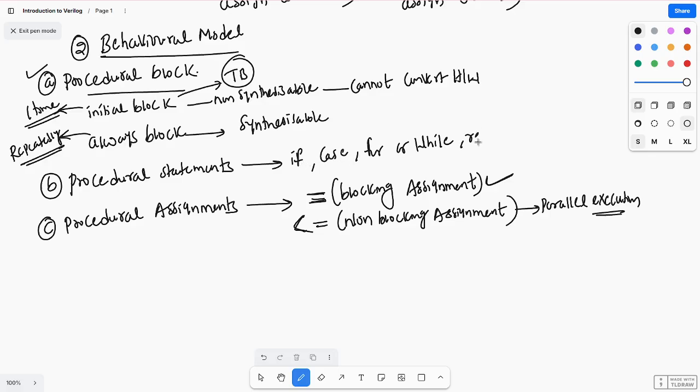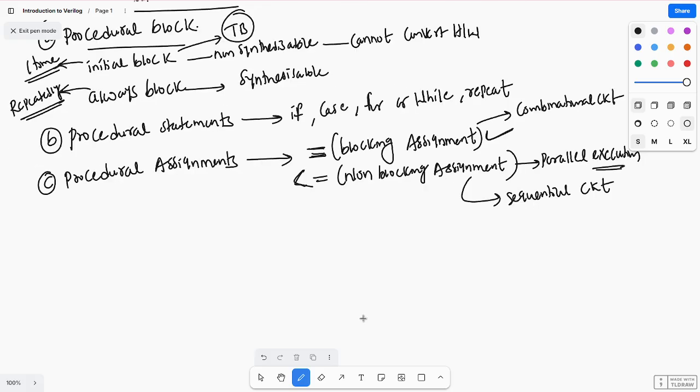And for procedural assignments, mainly for designing the combinational circuits, we use non-blocking assignments. For designing the sequential circuits, we are using blocking assignments. Is it fine? Did you understand?